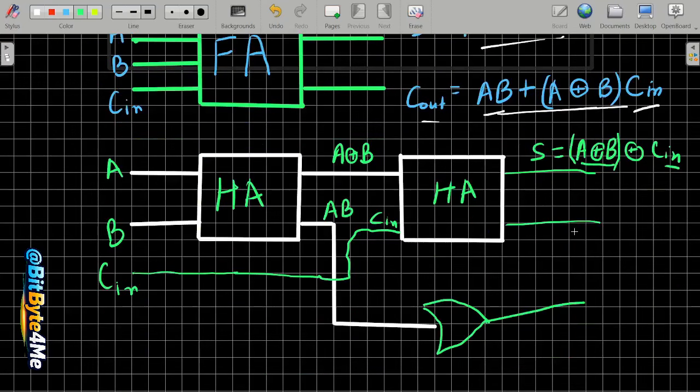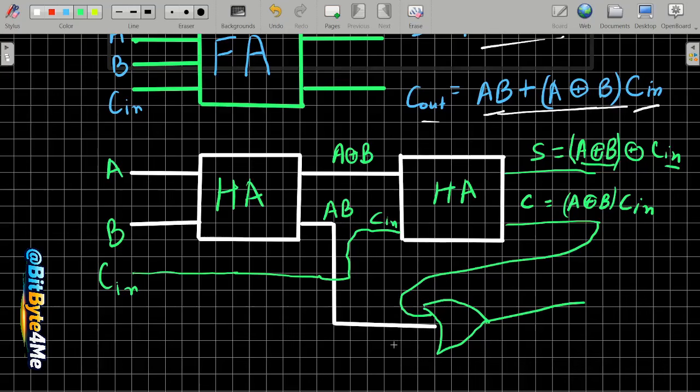So it will also give us a carry, which will be A exclusive OR B, AND C in. For the OR gate we provide this carry as input, and another input is AB.